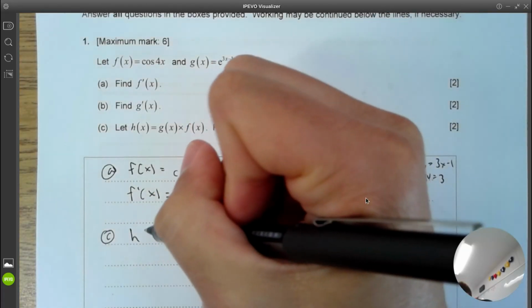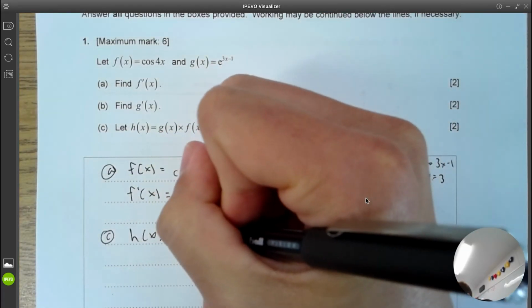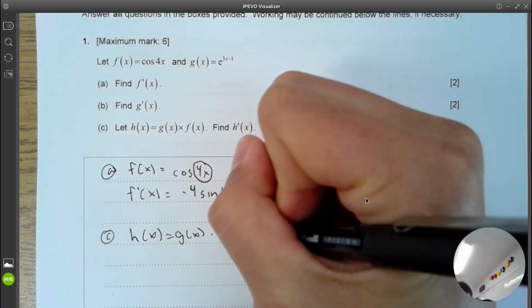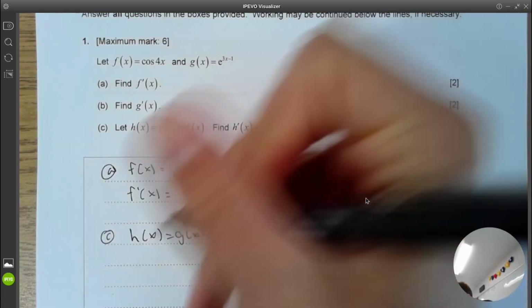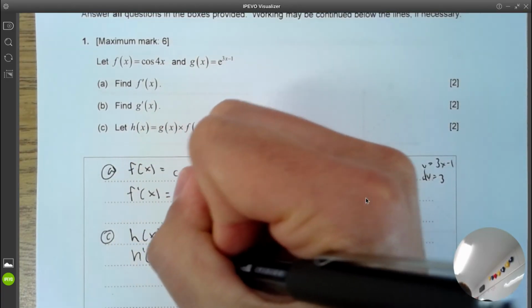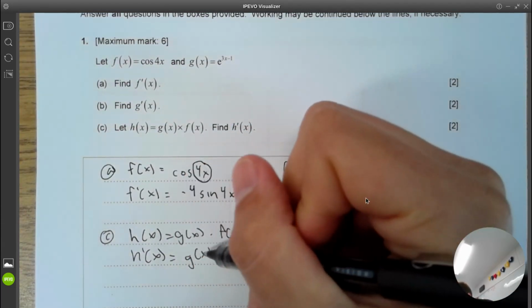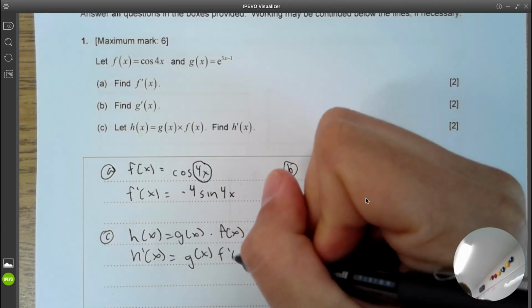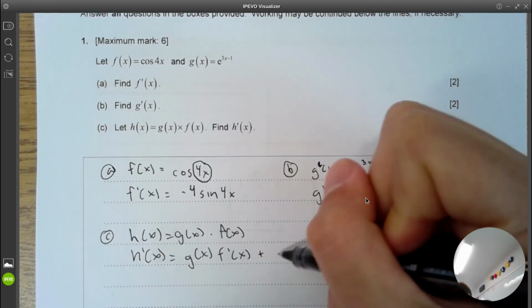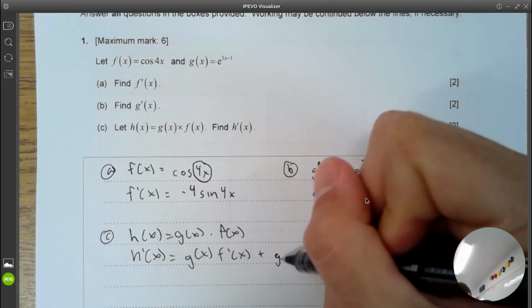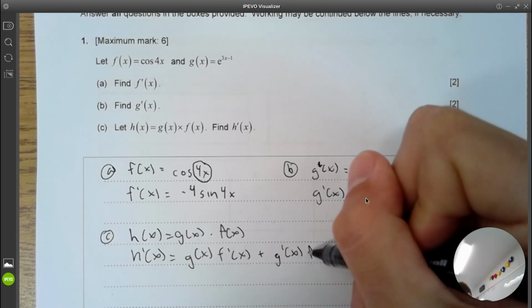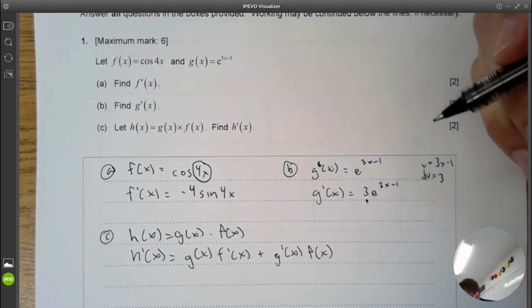Now if I write it like this, h of x equals g of x times f of x, h prime of x is equal to, and do my product rule, which is leave one alone, take the derivative of the other, plus, then switch it around, derivative of the other, and then leave this one alone.